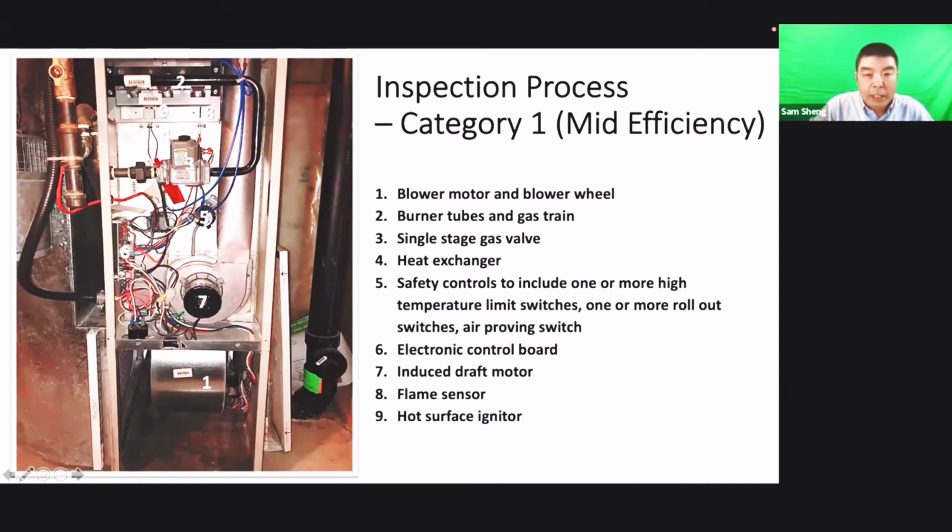But the burner tube on the gas train is maybe a little different from category 1, the other picture. Like this one, normally the gas tube is short. It's not like the other picture, which is very long. So this is a new style.